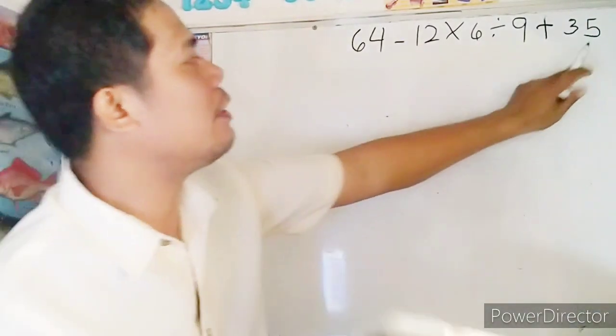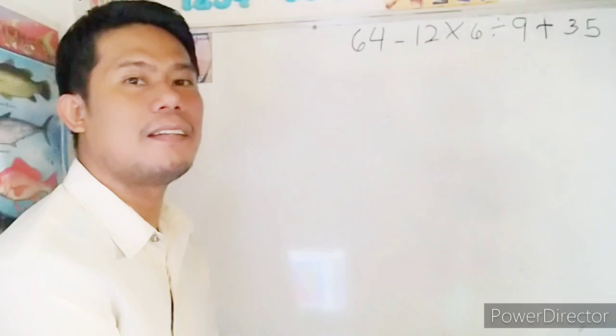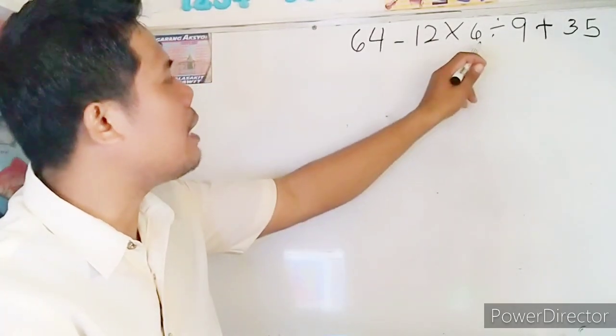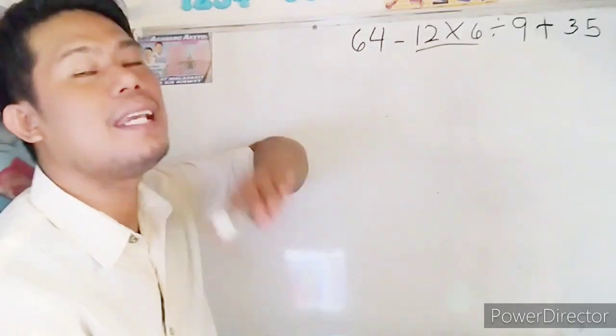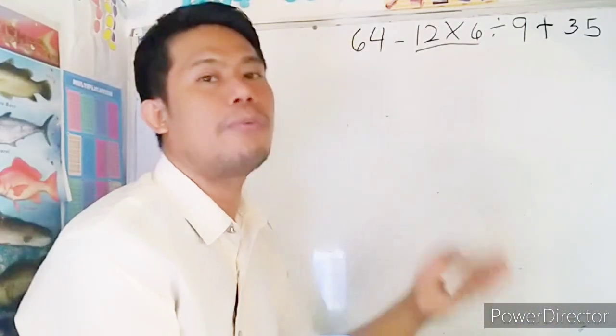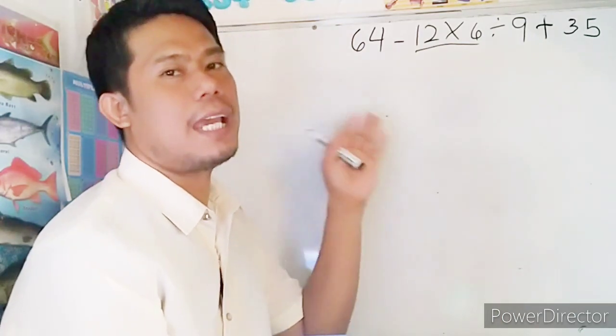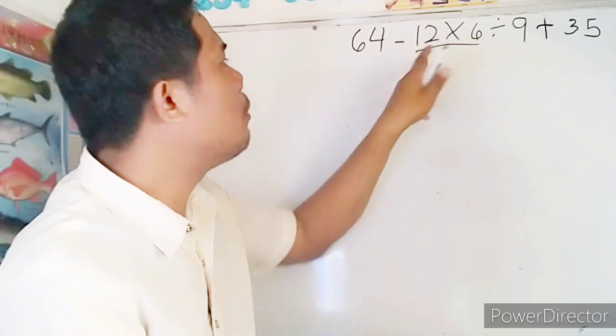Okay. So here, the first operation to perform is, alright, multiplication. So we have division and multiplication, but the operation that comes first or written on the left side is multiplication. Okay, so we're going to multiply.